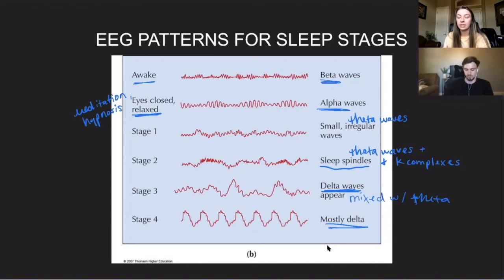It'll say, we see alpha waves. What stage of sleep, or what stage of consciousness, is this person likely in? You can say they're meditating, or they're very relaxed, or they haven't fallen asleep yet, but they might soon, or something like that.